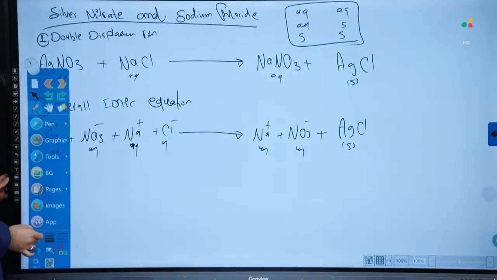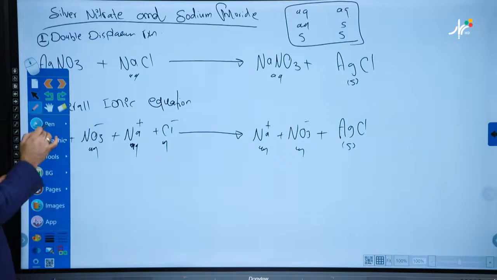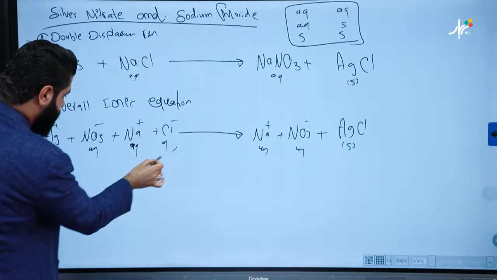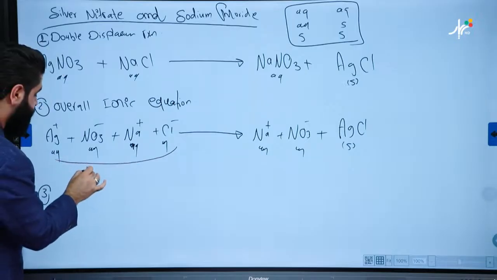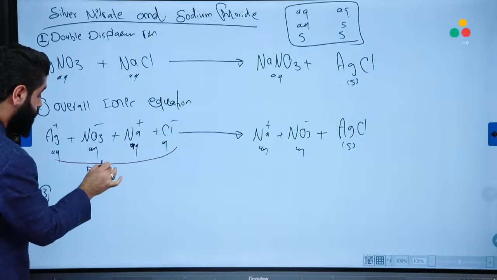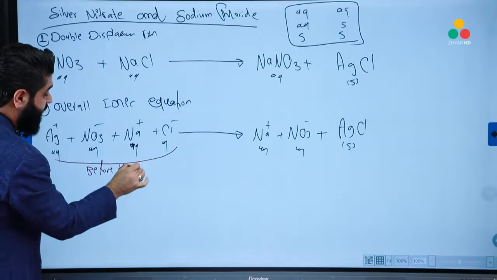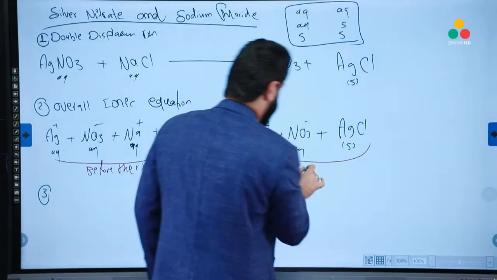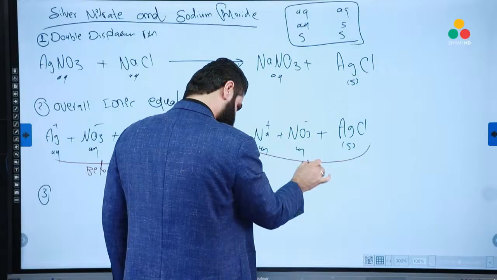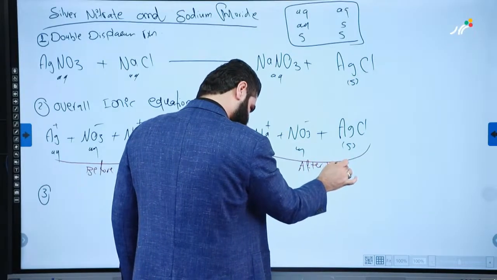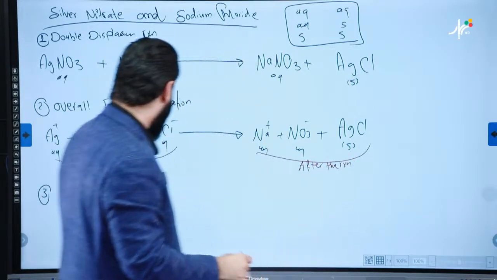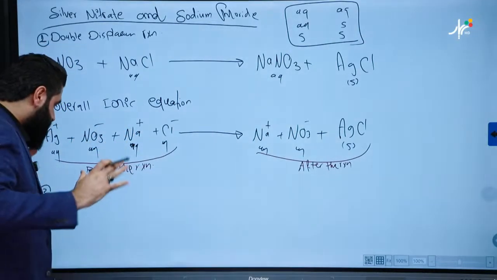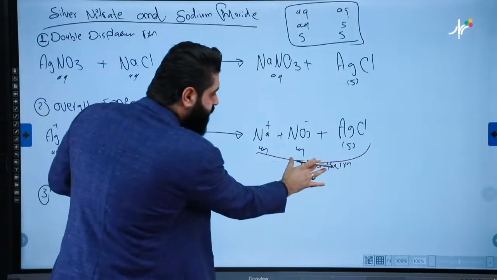Here we have two important parts of the reaction. This part is called before the reaction, and this part is called after the reaction. As you can see, some species remain aqueous before and after the reaction.